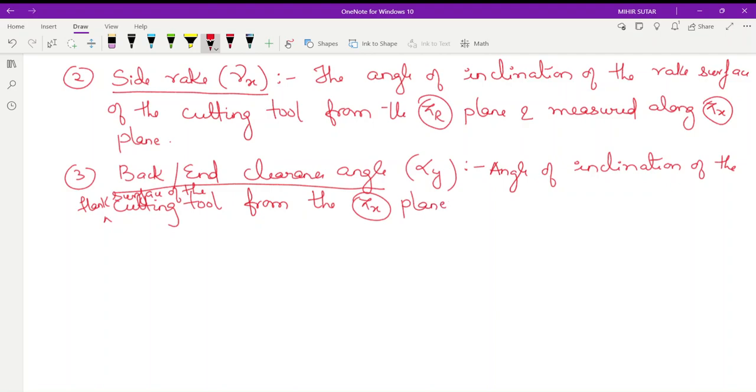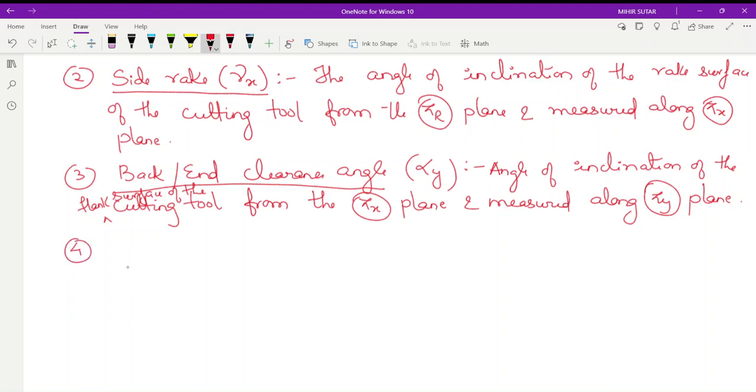I'm enclosing within the circle for your understanding only, from the pi x plane and measured along pi y plane. If you have understood, if you can draw the figure properly, you can define all the angles by yourself.